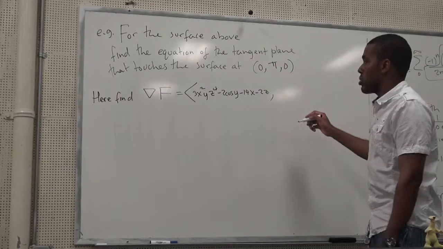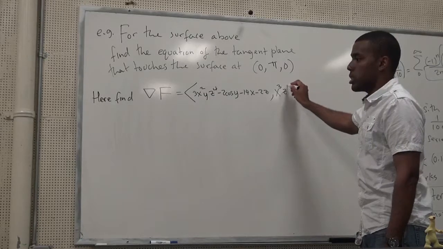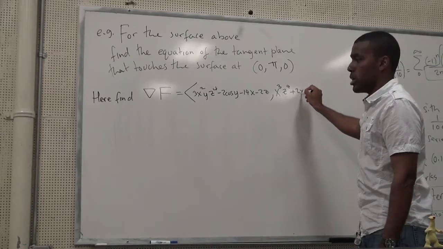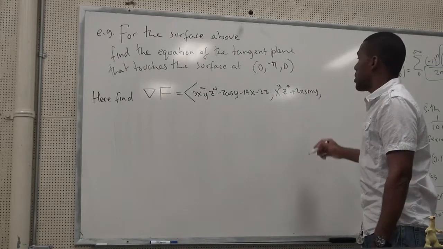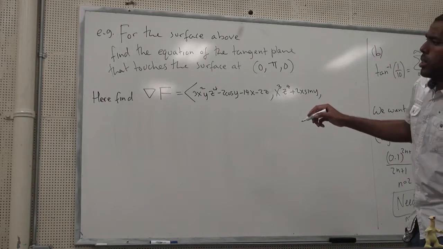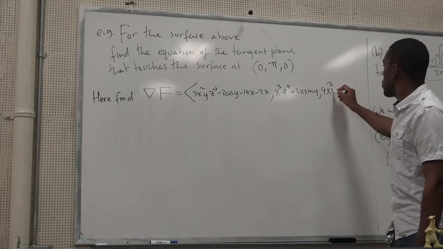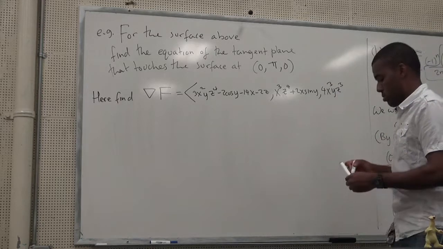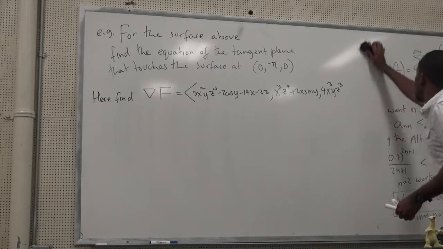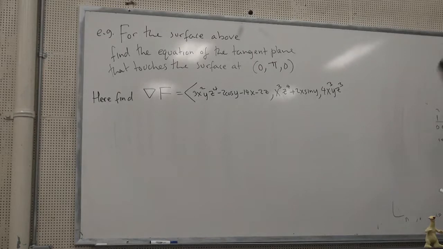Then you find the partial with respect to y, which I also found there: x cubed z to the 4th plus 2x sine y. Find the partial with respect to z: 4x cubed yz cubed minus 2x. Yeah, this one.